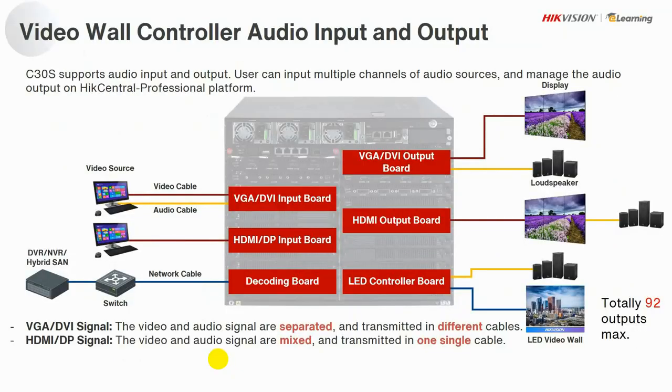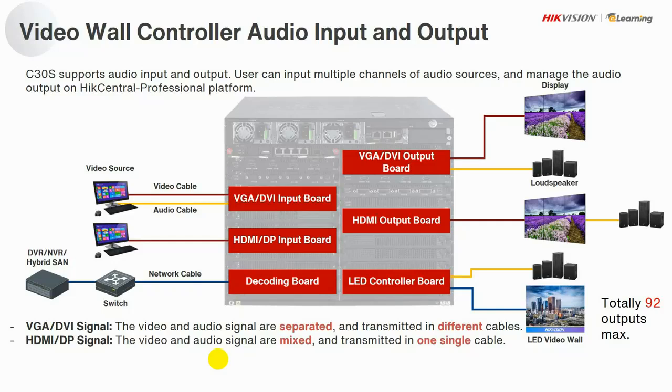So from the topology here, we can see that the user can input audio sources, but the video signal is separated from it if we use VGA or DVI input board. Okay, so with HDMI or DP input cable, we can only use one cable for video and audio signal together.